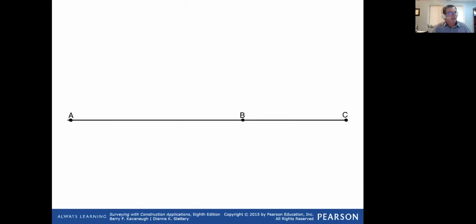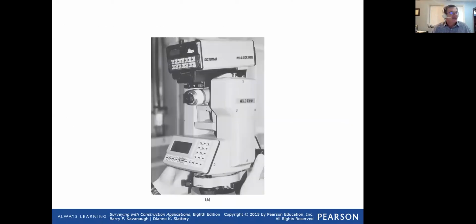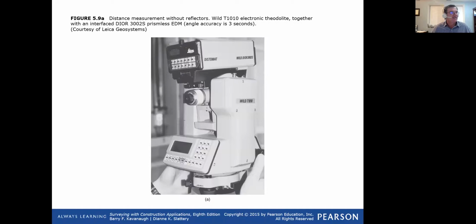So what's some of the other things that we're talking about here? This right here is an old total station. It's something that's capable of measurement without a reflector.